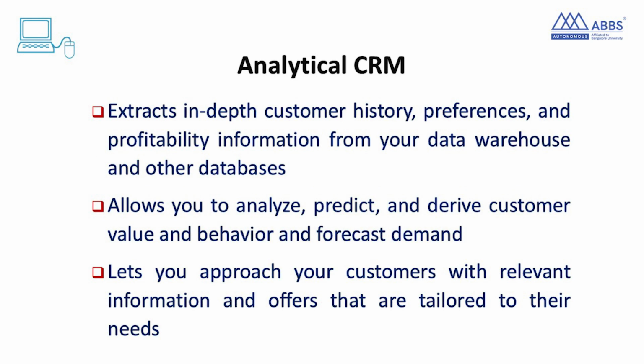Similarly, analytical CRM is used to look at the data which is generated in large volumes from day-to-day activities, to extract in-depth customer history, preferences and profitability information. Usually this type of data is useful for predicting or in-depth understanding of what's happening with the overall customer base, when you look at it as a cluster or an overall database.